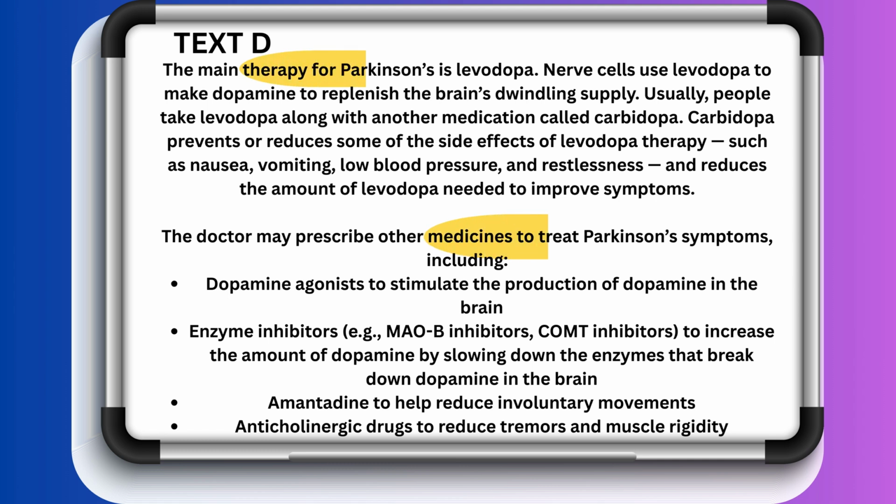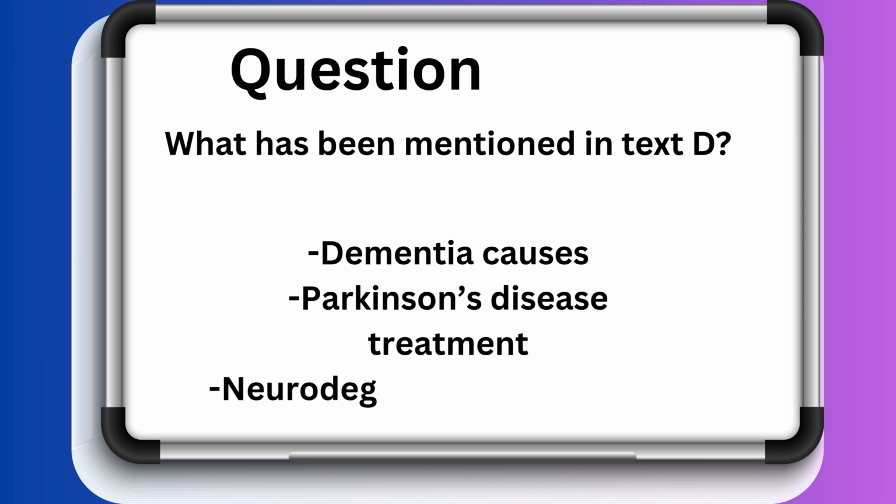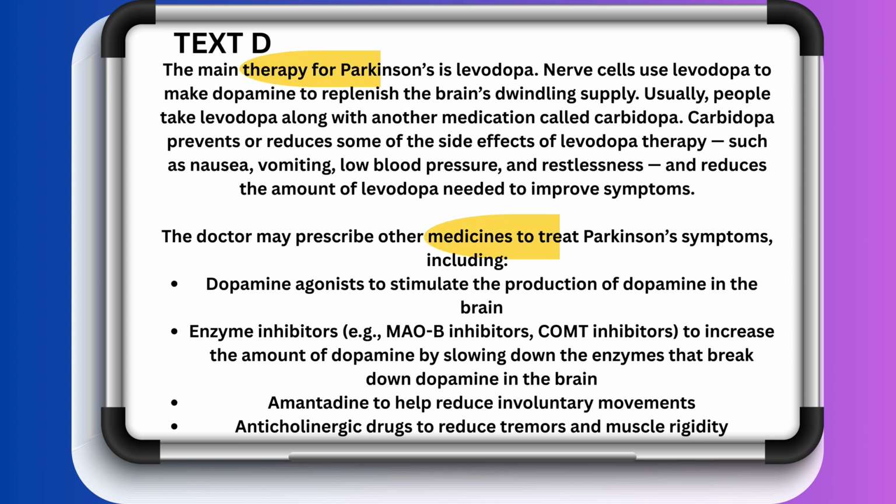Now skim and scan text D. What is mentioned in text D? Text D is talking about Parkinson's disease, particularly treatment of Parkinson's.